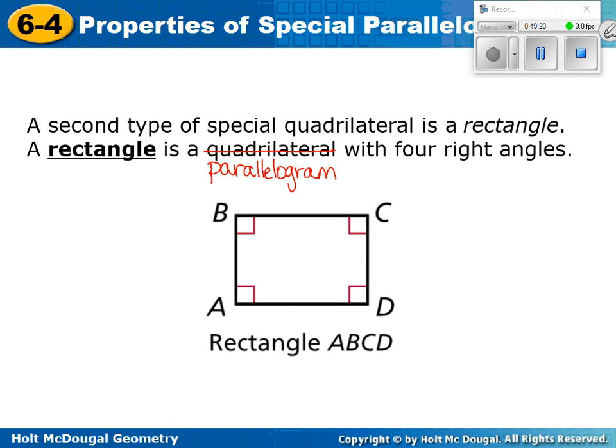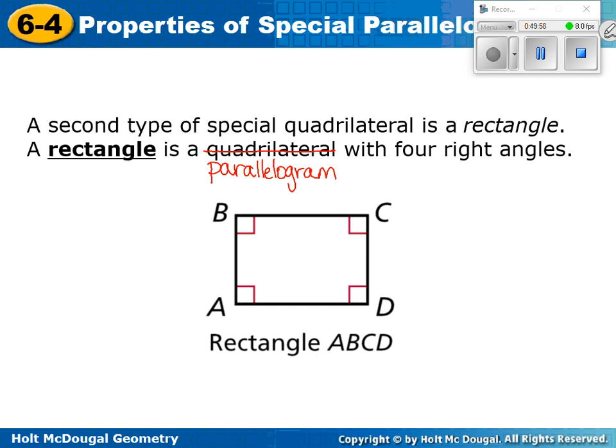So the rectangle will have all of these properties, plus the fact it has 4 right angles. So I'm going to put it has all 5 properties of a parallelogram. So right now our rectangle has 6 properties. It's got all 5 of them of the parallelogram, and it's also got 4 right angles. Are we good with that? Okay.